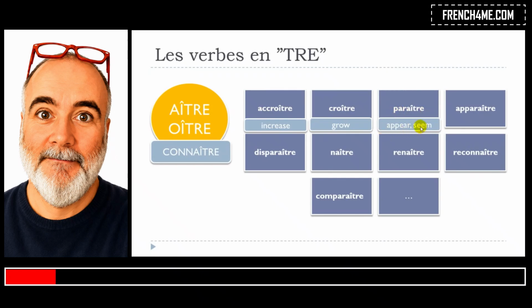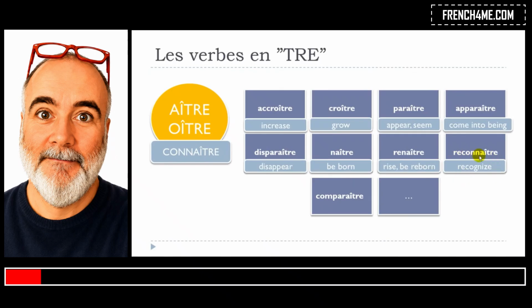Paraître, appear, seem. Apparaître, come into being. Disparaître, disappear. Naître, be born. Renaître, rise, be reborn. Reconnaître, recognize. Comparaître, appear before. Okay, and these verbs will actually be conjugated like connaître.